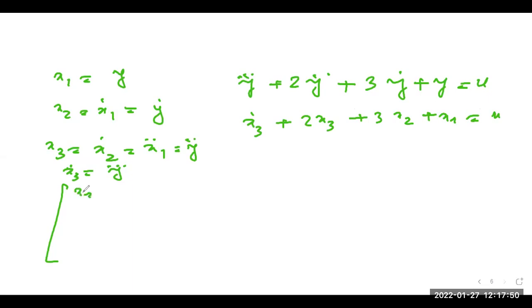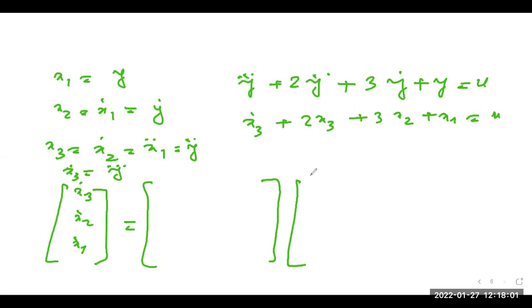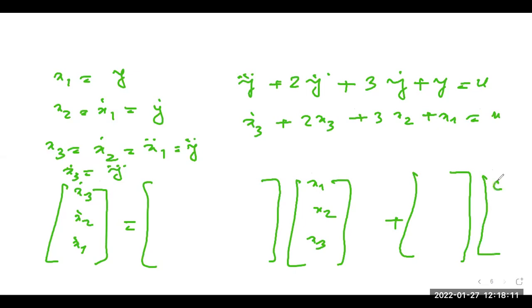So this will be x3 dot, x2 dot, plus x1 dot, equal to your x1, x2, x3 and this matrix. This is u. Anyway, this is 0, 0, u, and this will be 0, 0, 1.